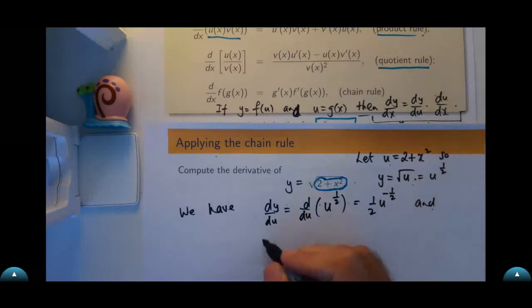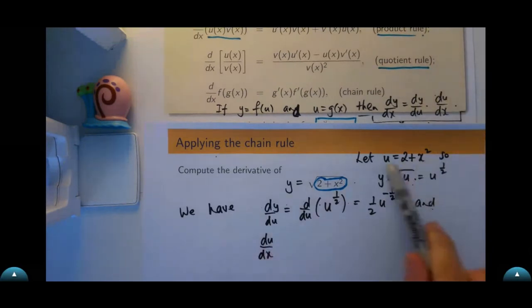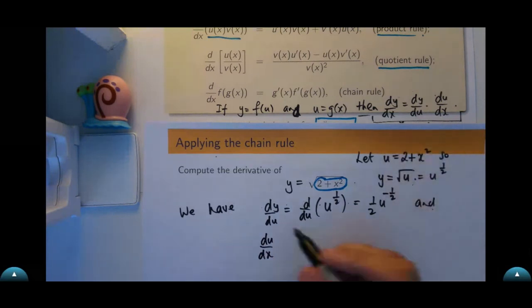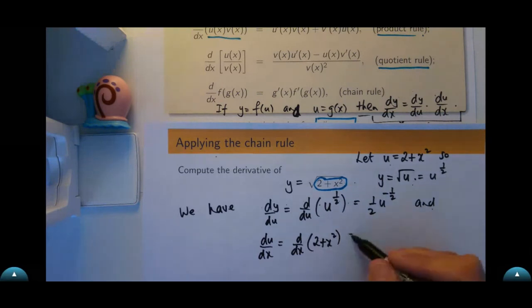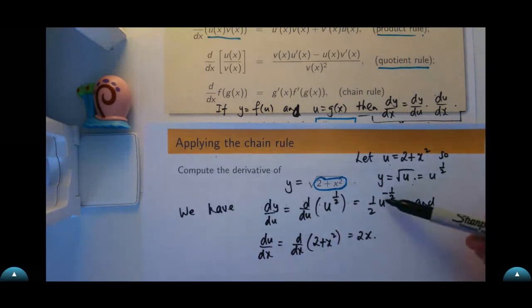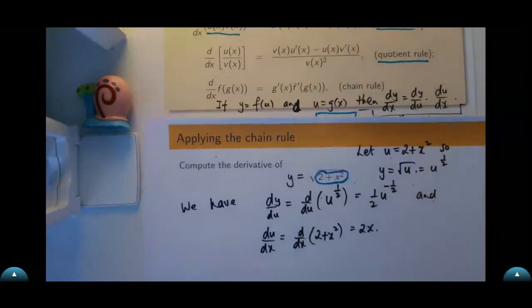Let's get this part now. If I differentiate 2, I get 0. I differentiate x squared, I get 2x. So by the chain rule, I just want to multiply these two things together.